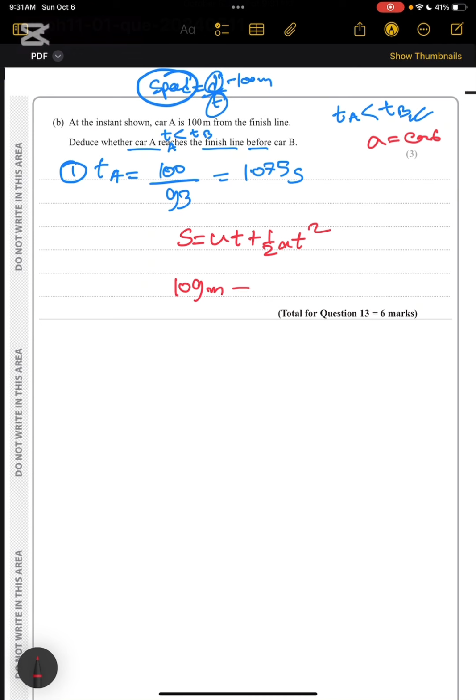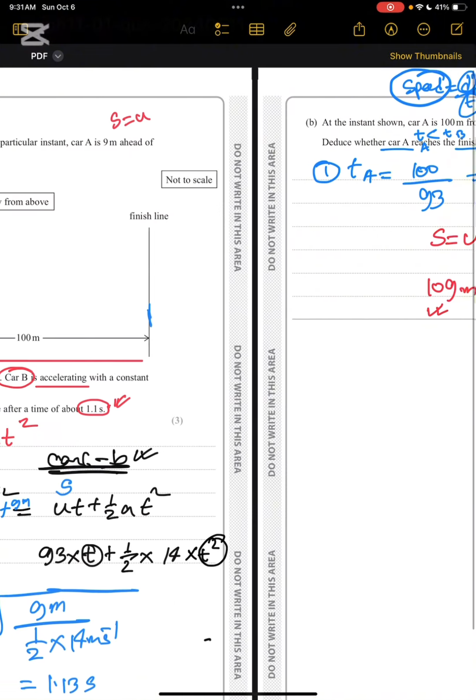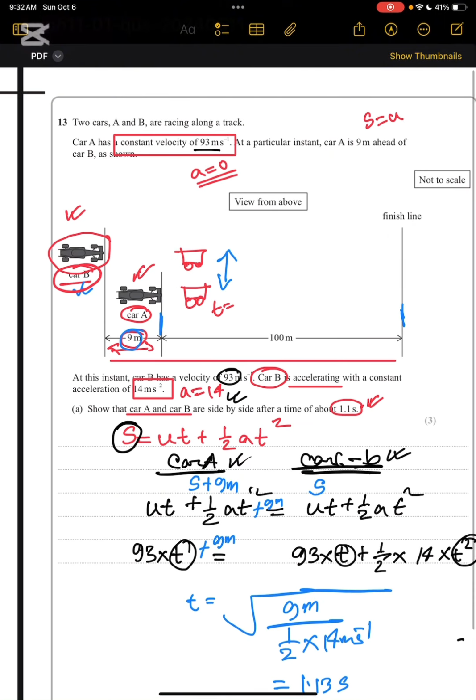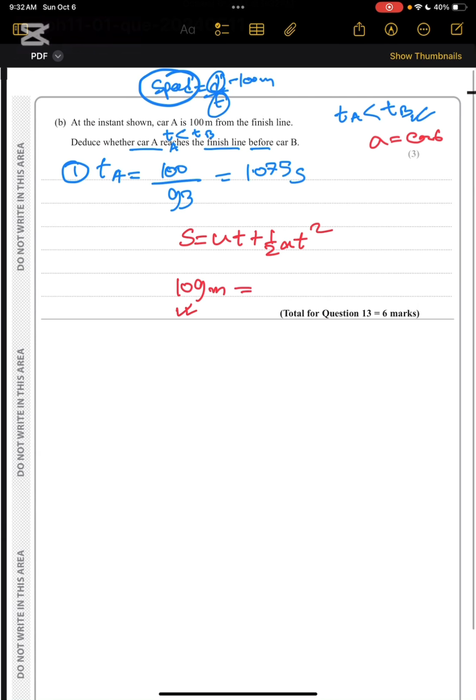The reason behind the displacement being 109 meter is because the car B was already behind car A by 9 meter, and it also needs to cover another 100 meter from car A's position to the finishing line. It's 9 meter here and 100 meter here, so overall displacement is 109 meter.